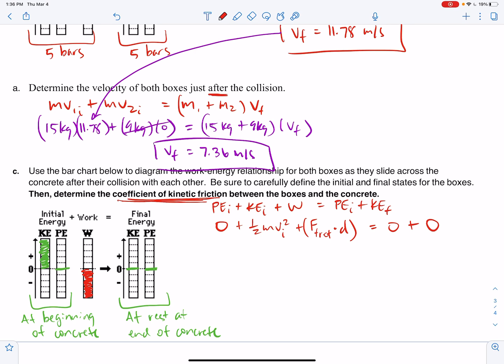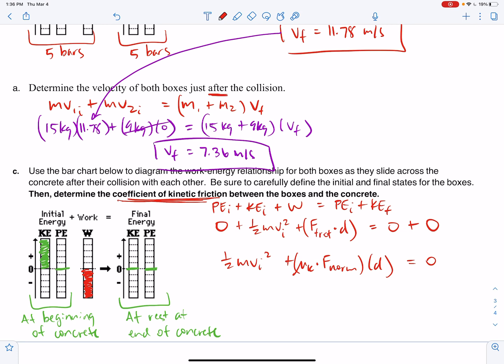So we can say that 1/2 mv initial squared plus, so force of friction is always mu sub k times the normal force, times distance is going to be equal to 0.